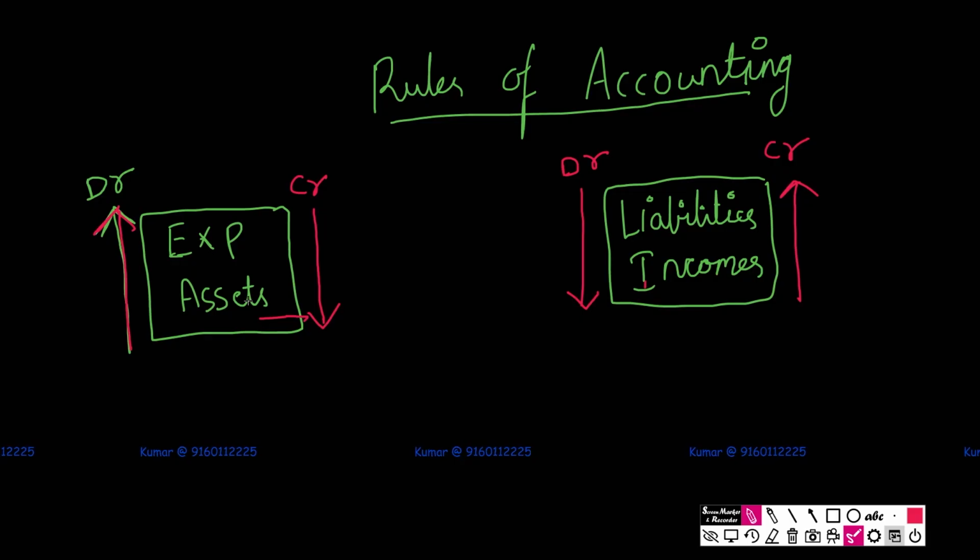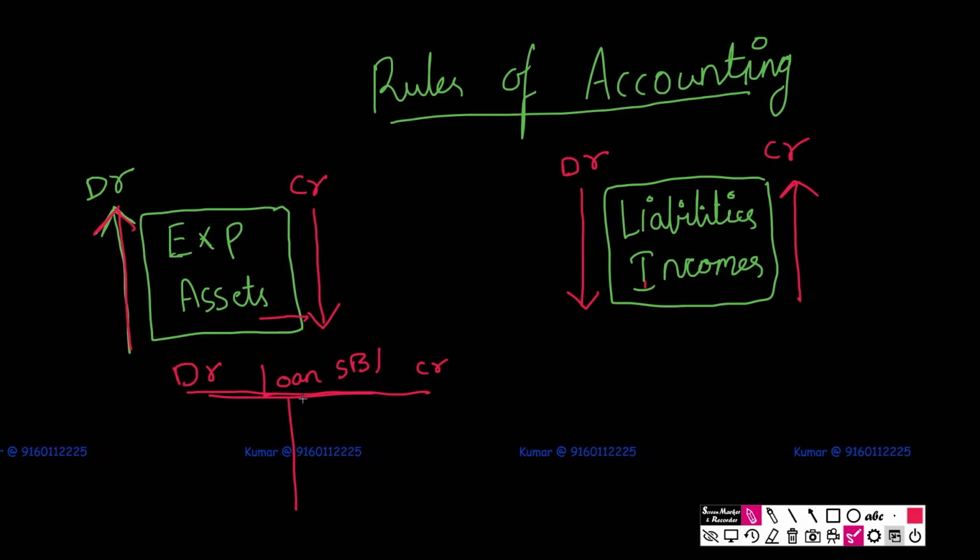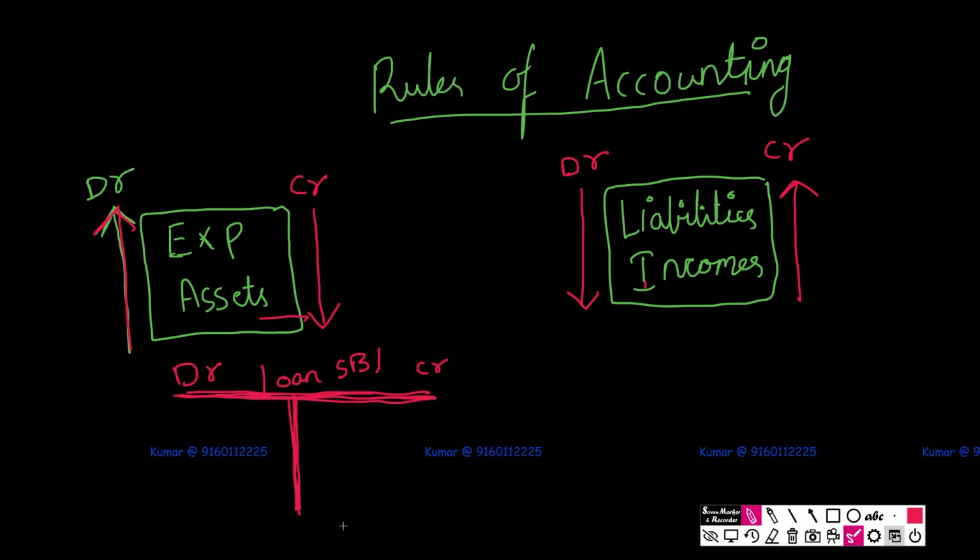Just opposite to assets and expenses. For example, we took a loan. We'll open a loan account, for example, a housing loan we took from SBI. Debit and credit will be the same, left and right. Debit will be on the left-hand side. Debit and credit don't change.